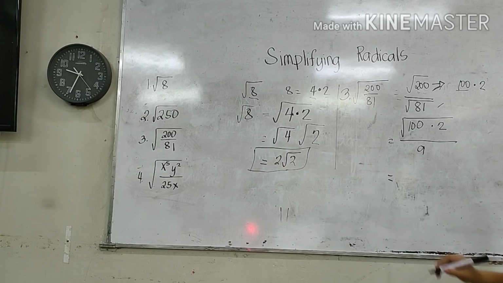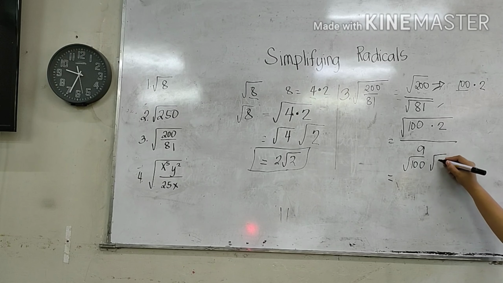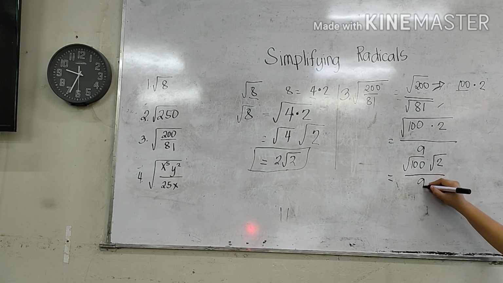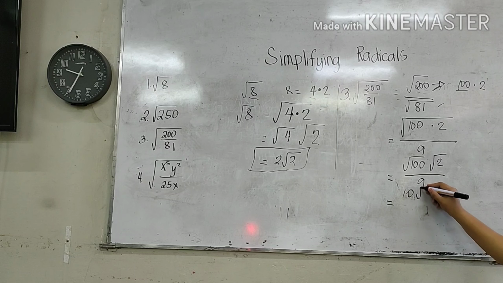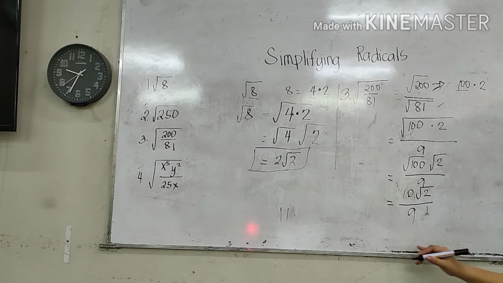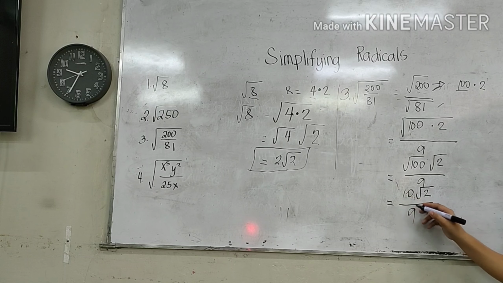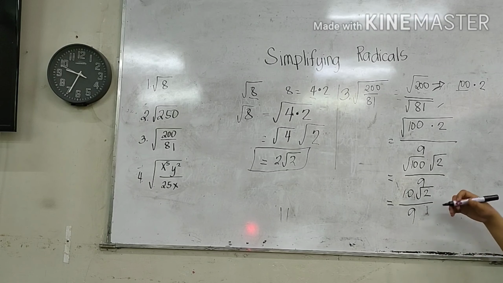Next, let's get the square root of 100 times the square root of 2. Then your answer is: the square root of 100 is 10, so 10 square root of 2 over 9. This is your final answer. You can still reduce this if your numerical coefficient and your denominator have common factors. You can simply factor it out or express it in the lowest terms.